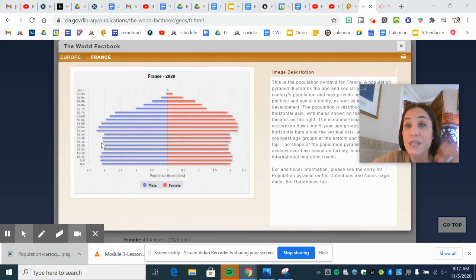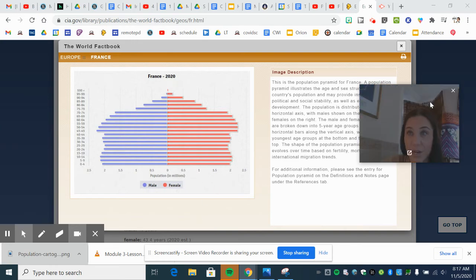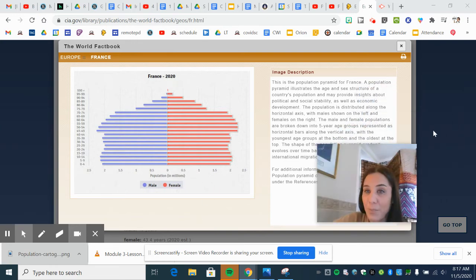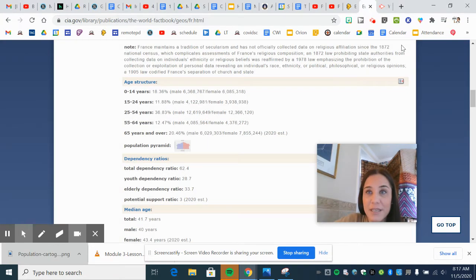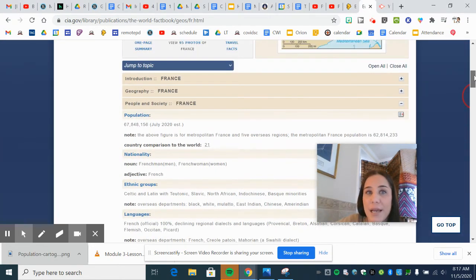In other words, two people replace themselves with two people. And you can see that happening here because everything is, for the most part, pretty straight. It looks a little curvy here and there because different things may have happened in different years with the economy. But for the most part, it's pretty much even and stationary. So this is a stationary population pyramid. So I'm going to click off of this and we're going to go to one more type.